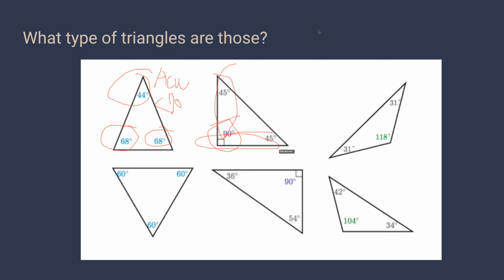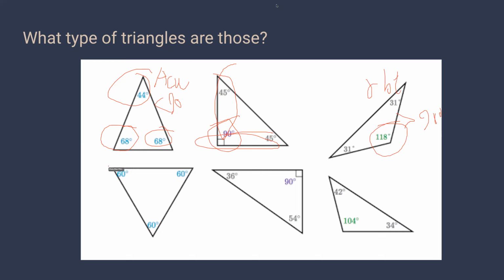So it is a right triangle plus an isosceles triangle. And notice this triangle, the third one, it has one 118-degree angle, which is larger than 90 degrees. So this is an obtuse triangle.